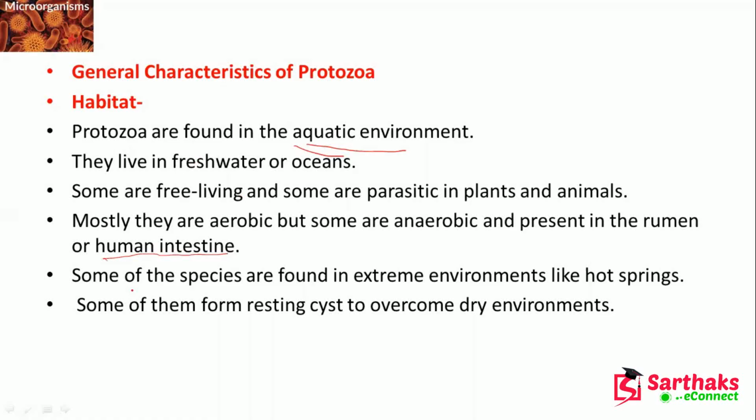So here I am writing: the protozoa are microscopic, unicellular eukaryotes that have a relatively complex internal structure.